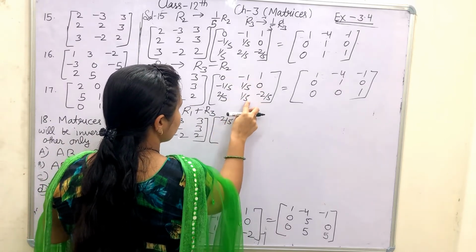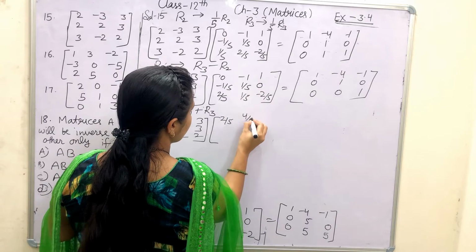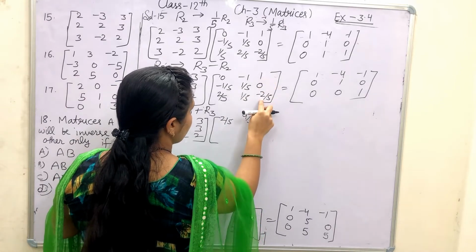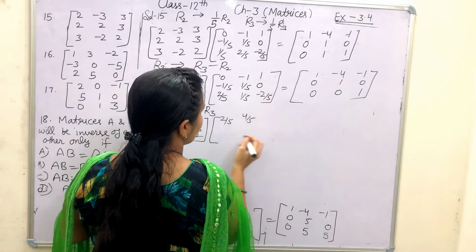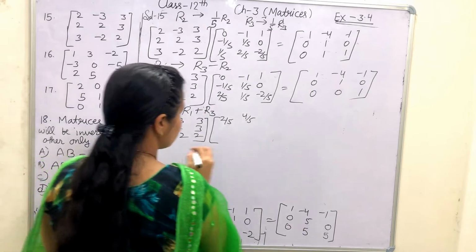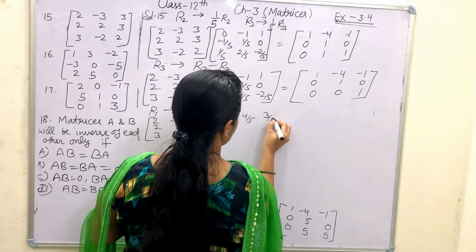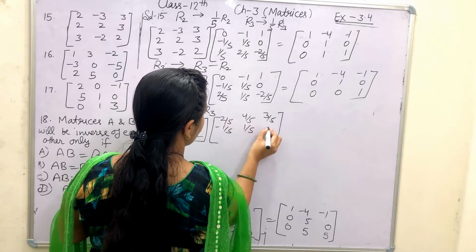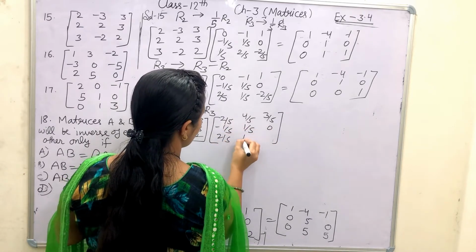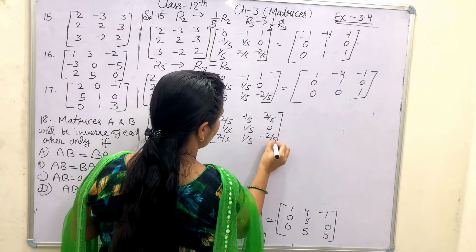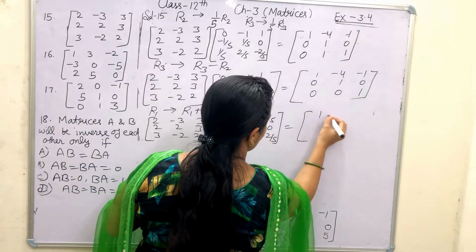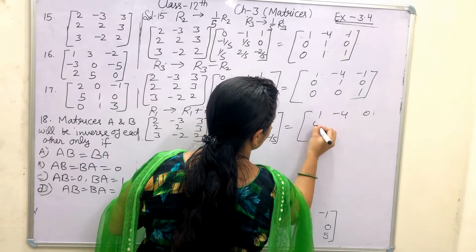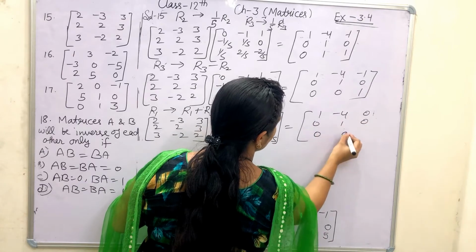Minus 1 plus 1 by 5, that is 4 by 5. 1 plus minus 2 by 5, that is 3 by 5. Minus 1 by 5, 1 by 5, 0, 2 by 5, 1 by 5 and minus 2 by 5. Here is 1, minus 4, 0, 0, 1, 0, 0, 0, 1.